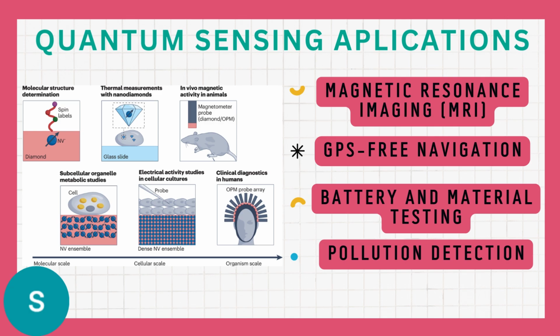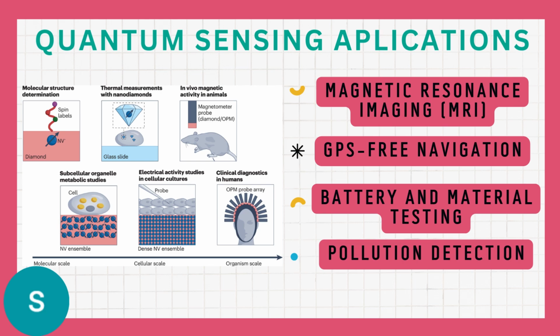Quantum sensing is a way of using powerful rules of quantum physics to measure things like time, temperature, magnetic fields, or tiny movements with extreme precision. Quantum sensors can detect things that are so small or subtle that regular tools miss them. They use quantum properties like superposition, that means being in two states at once, or entanglement, that's the instant connection between particles, to be extremely accurate.